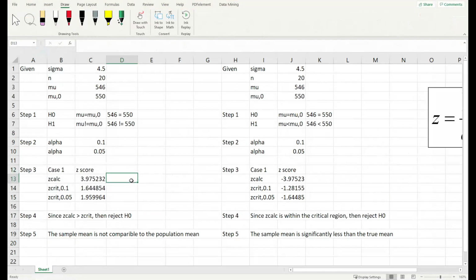So, if you want to compute the p-value, so let's compute for p. Ang p-value is just equal to, kukunin nyo yung z-calc nyo. So, yung z-calc, we do norm dot s. Instead of doing dot inf, ang gagawin natin is dot dist.